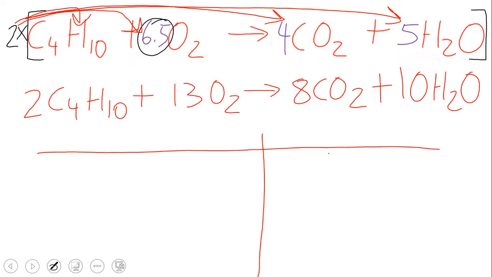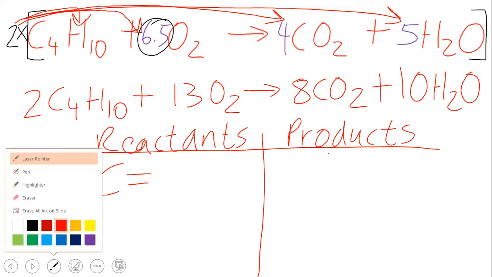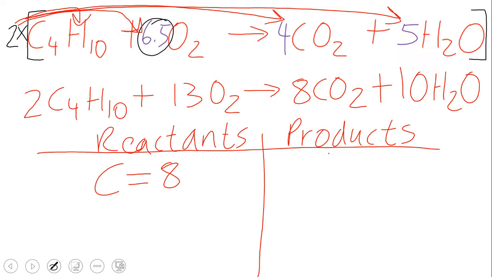Remember, we have the reactants and then we have the products. On the reactants, carbon is 2 times 4, which is 8. On the other side, the number in front of carbon is 8, so carbon is 8 as well.